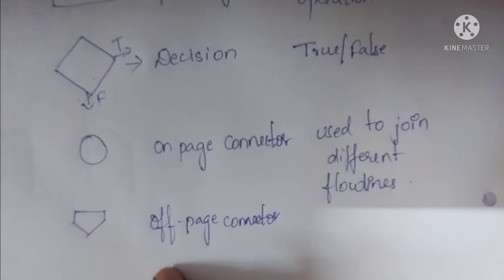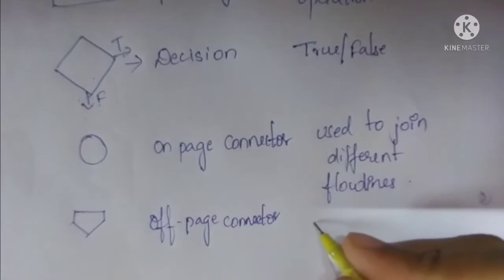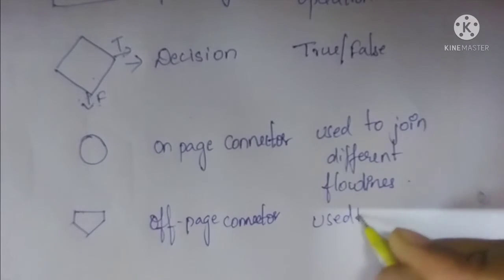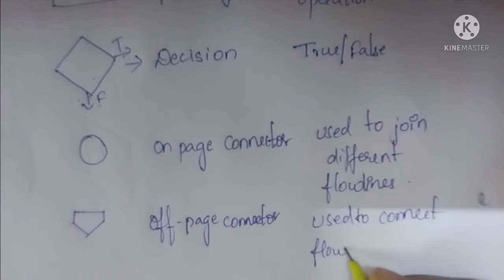It is going to connect the different flowchart pages. Those will be connected by using this symbol. Let me write here: this off page connector is used to connect flowchart portions on different pages.